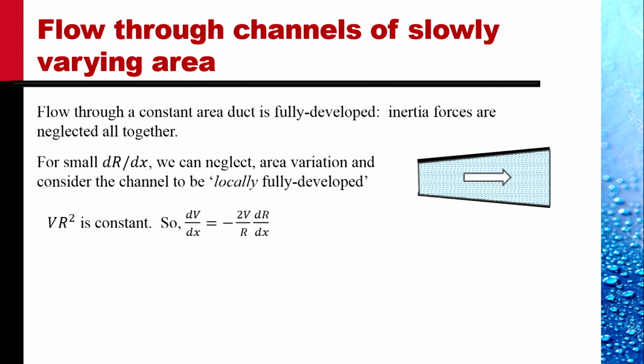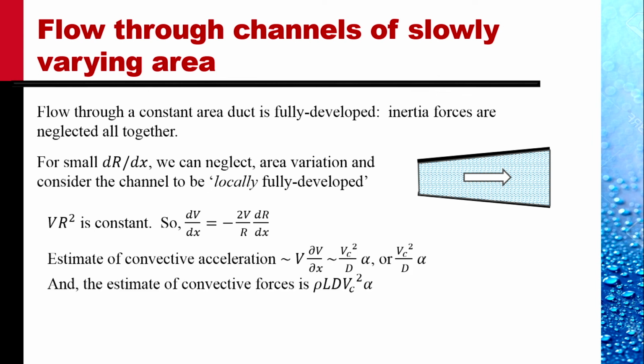From the continuity equation, we get V times A, velocity times the area, as constant, so that V R square, if R is the radius of the tube as a function of x, is constant, so that dV by dx is obtained as minus 2V by R dr by dx.